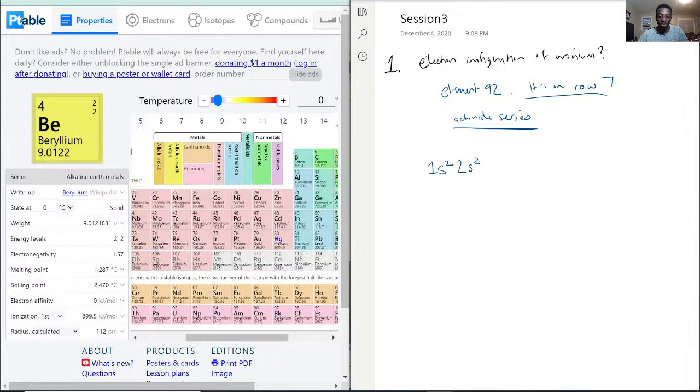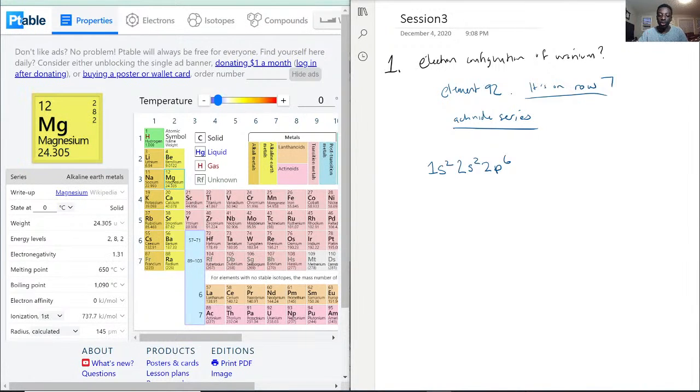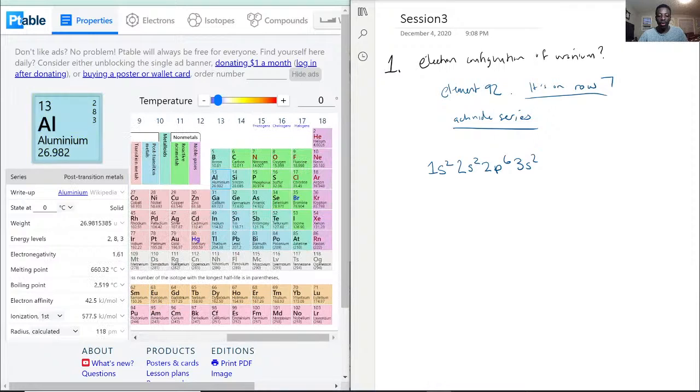Then we tackle the next part of the row starting from boron, and this will be your p shell from boron to neon. So it will be the second row, 2p6, and you follow that same trend for the third row as well. Sodium and magnesium will be 3s2, and then we have aluminum through argon, that's 3p6, okay?